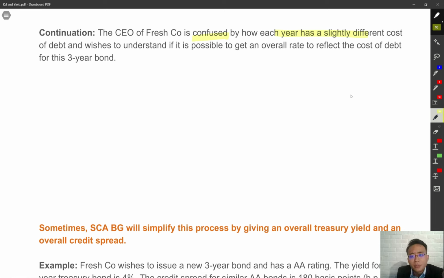Is it possible to give me just an overall rate to reflect the cost of debt for this 3 years bond? Don't give me 1 year, one rate, like year 2, another rate, year 3, another rate. No. Can you just give me one rate for me to wrap my mind around the bond? Just one rate. What is the cost of debt for this bond?